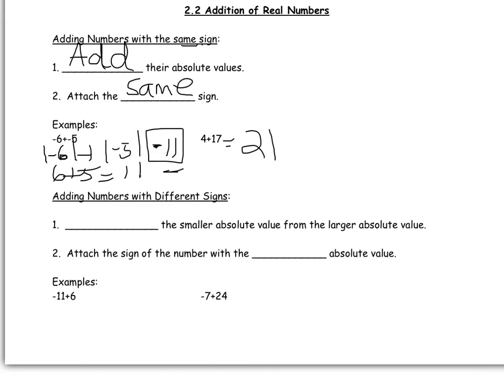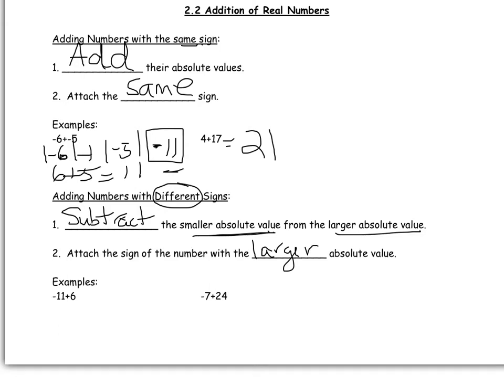Adding numbers with different signs is a little different. You subtract the smaller absolute value from the larger absolute value, and you attach the sign of the number with the larger absolute value.